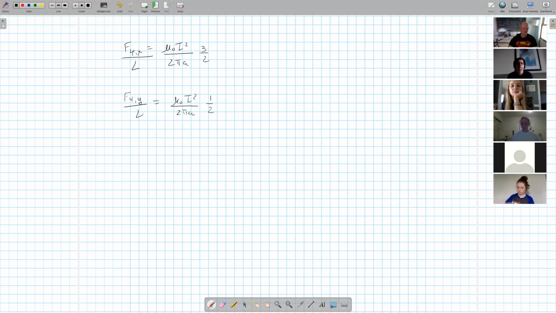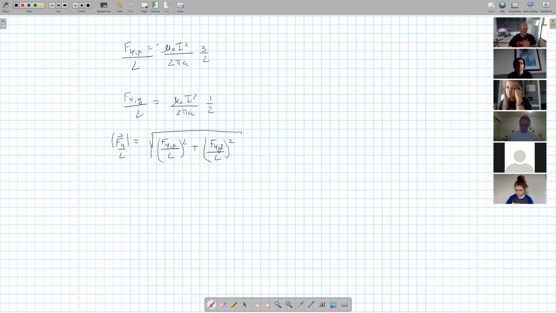So finally, we can say the magnitude of F4, the force per unit length, is going to be the square root of force for x over length squared plus F for y divided by the length quantity squared. So this is the force per unit length.